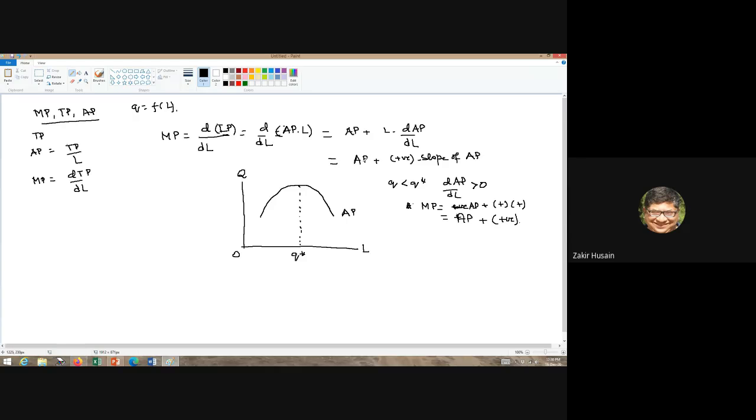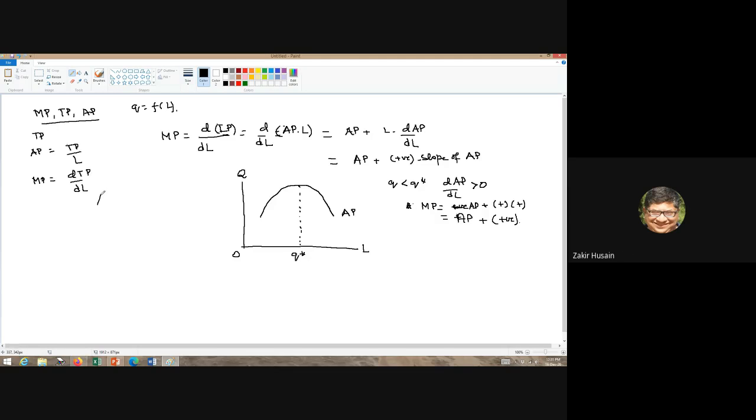This is the slope of AP, which is positive. So where will MP lie? Simply put, which is greater, MP or AP? MP is greater.